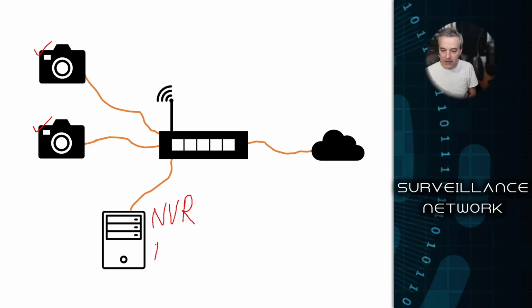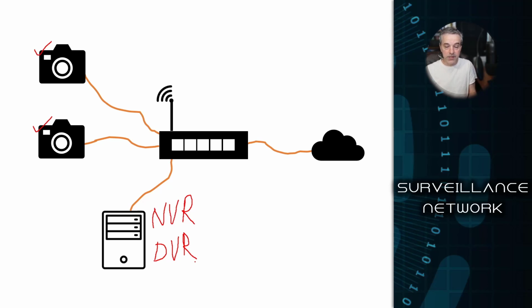Sometimes this might be called a DVR. Now, for most intents and purposes, a DVR and an NVR serve the same purpose. An NVR is typically just generic computer hardware, and a DVR is typically a dedicated system that has the ability to connect not only to network cameras, but also some proprietary connections or old analog equipment. Regardless what you have, it's basically serving the same purpose, and it's recording video.